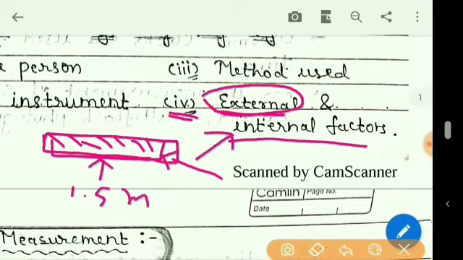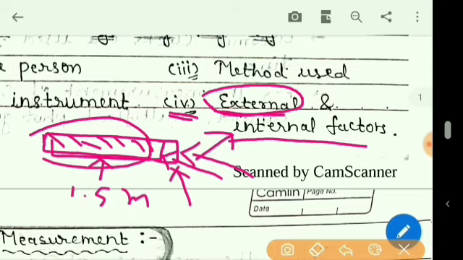If I measure the length of this rod in winter, then due to the contraction its length will be smaller than this one. So even the temperature can affect the value of measurement and so the accuracy.